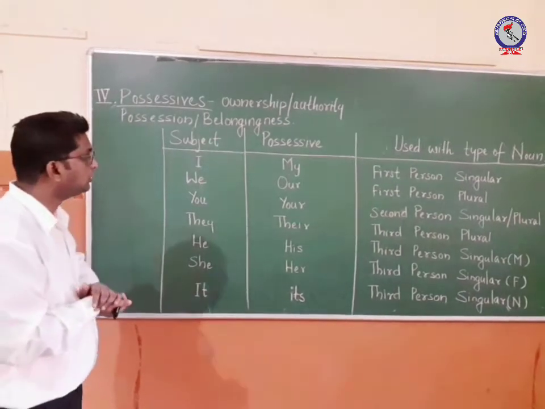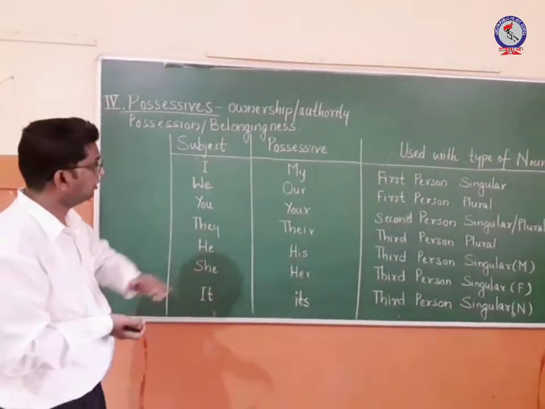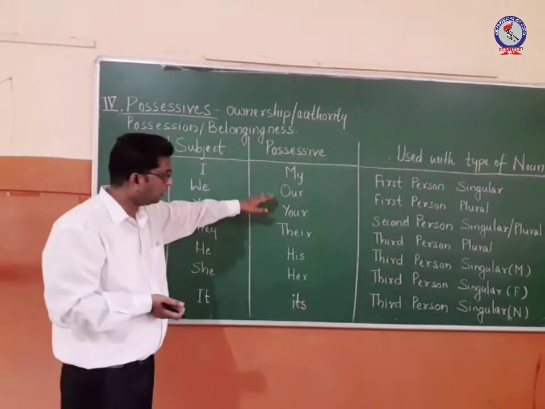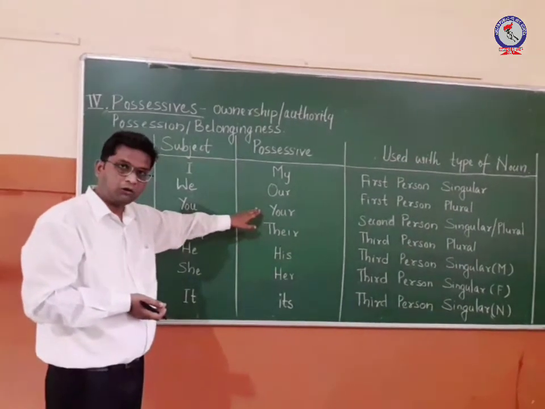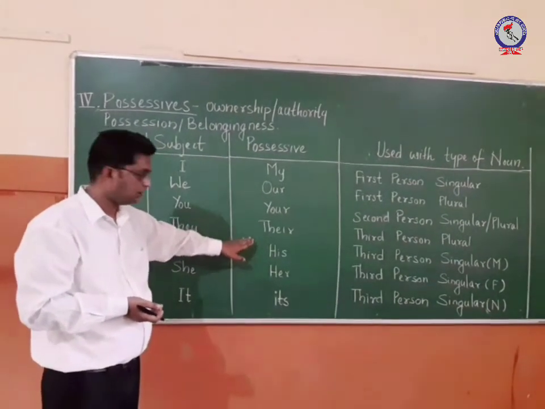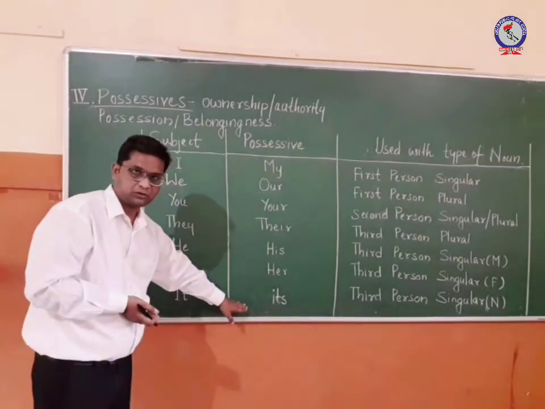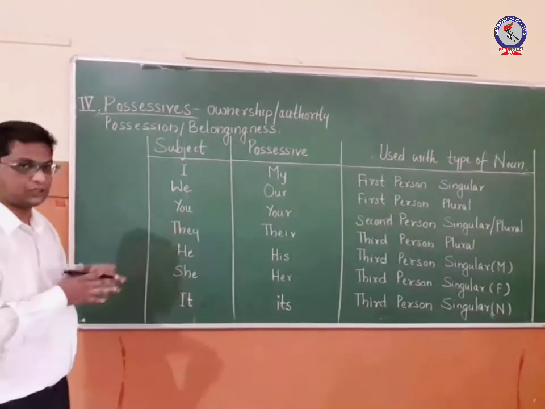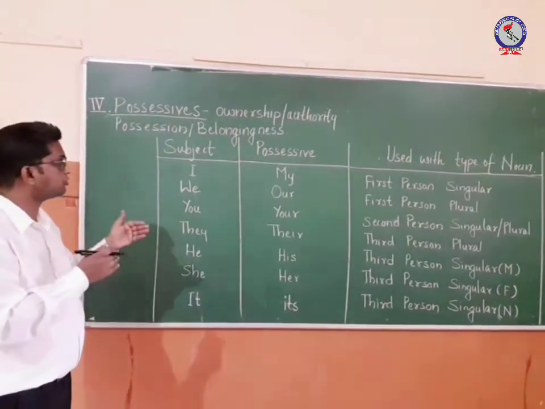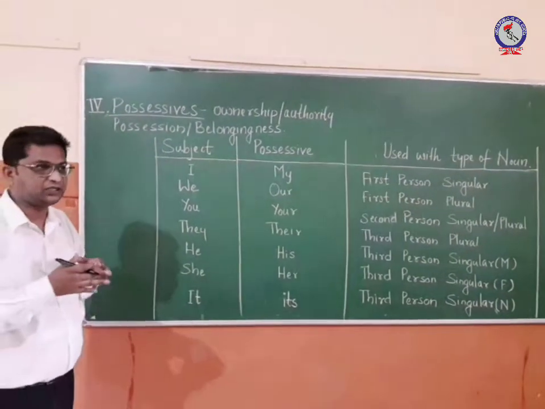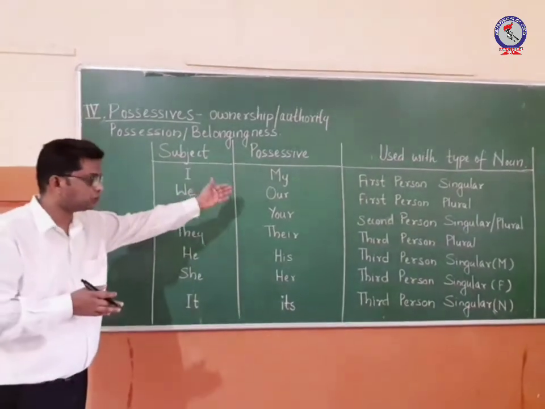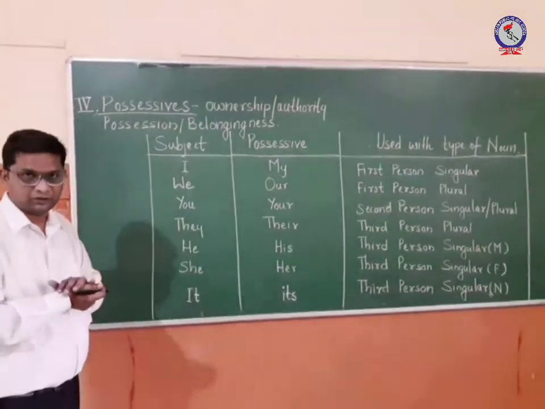Now we have got possessives: my, our, your, their, his, her, its. So the possessiveness belonging to any object is denoted by these possessive determiners.